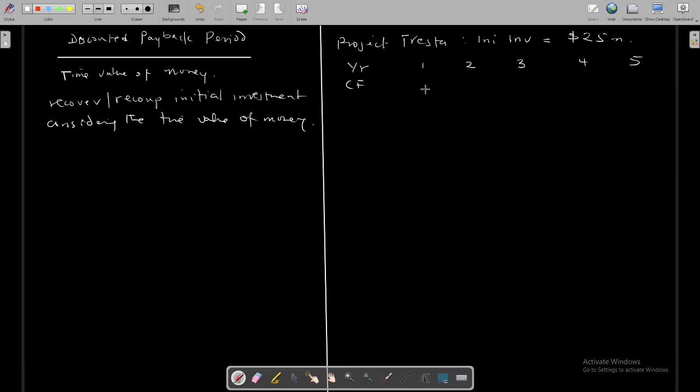The cash flows are, so let me put dollars here: $10 million, $15 million, $20 million, $24 million, and $30 million. Now find the payback period if the opportunity cost of capital is 10%.